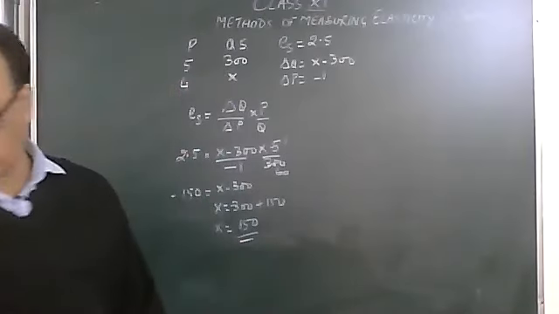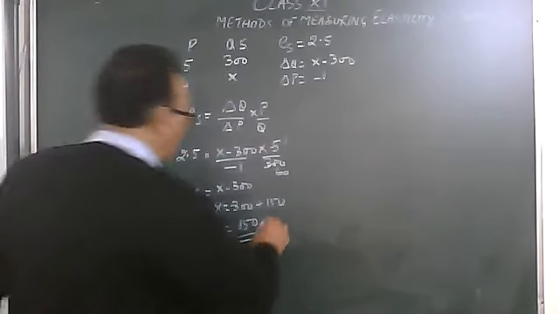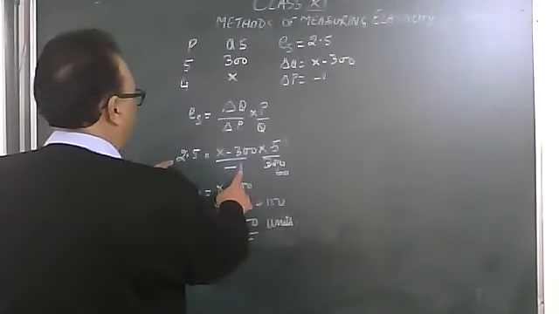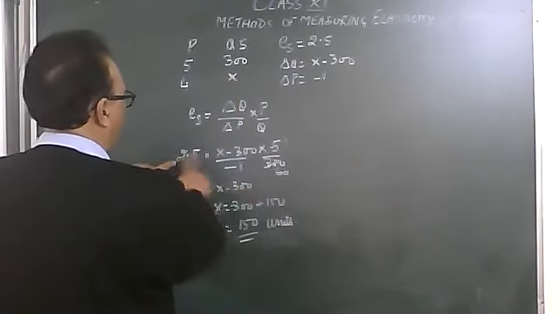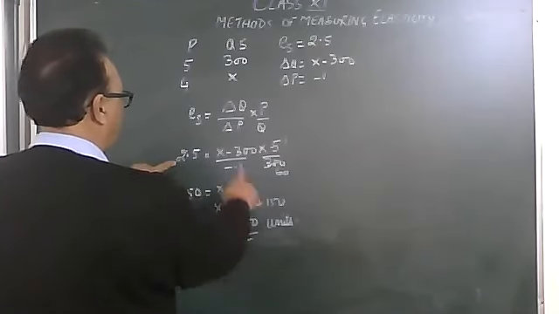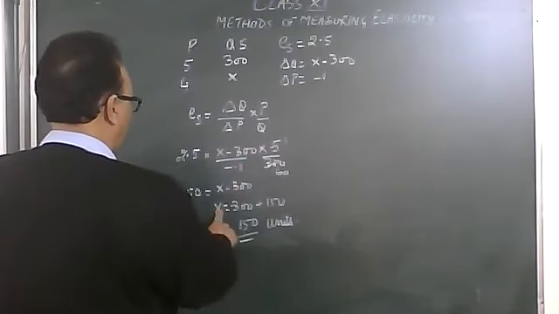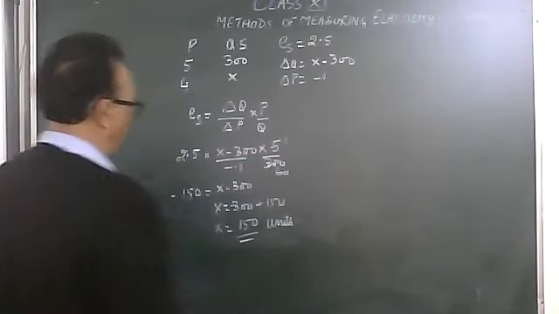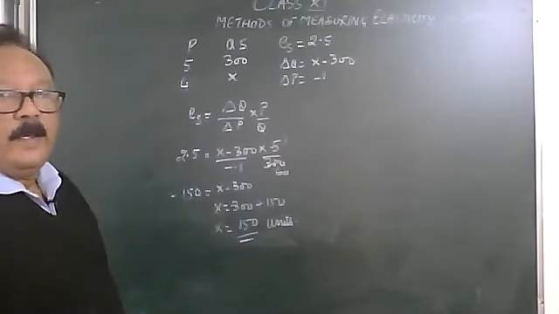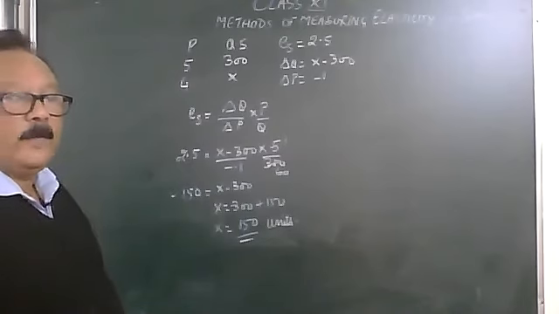X's value is equal to 150 units. Minus 150 is equal to X minus 300. So X is equal to, on the left to right sign change, X is equal to 150.